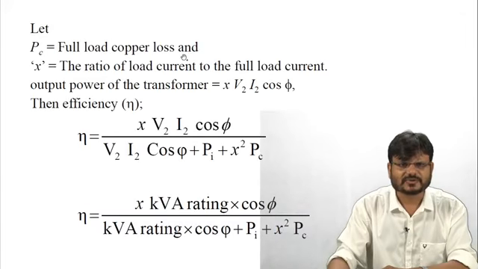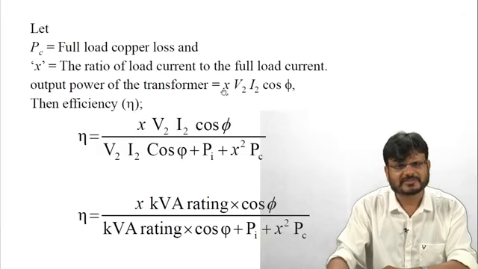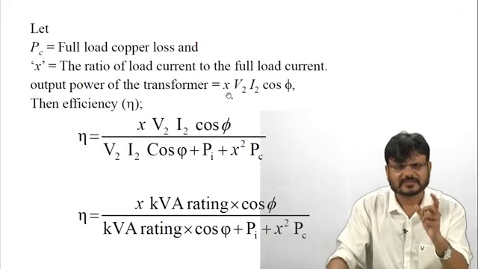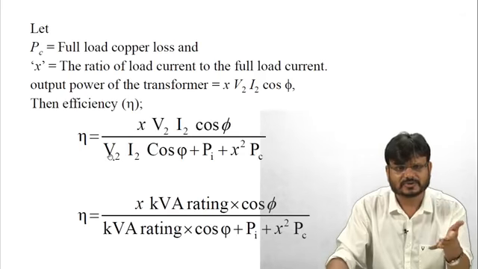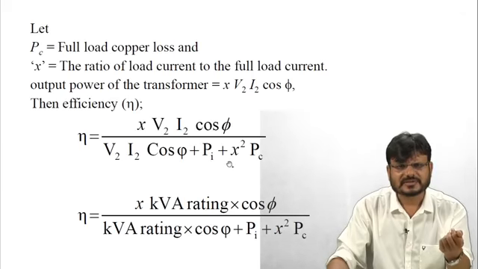Let PC be the full load copper losses and X the ratio of the load current to the full load current. So output power can be written as V2I2 cos phi multiplied by this X, which is nothing but a fraction. So efficiency at any particular load can be written as output power, that is X times V2I2 cos phi, upon input power. Input power is output power plus iron losses plus X square PC.